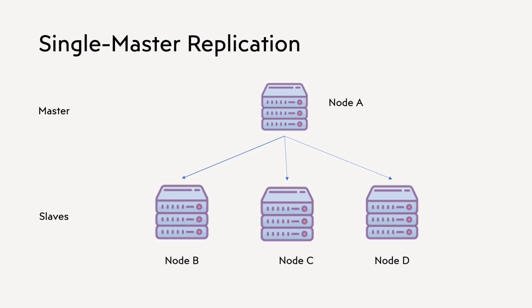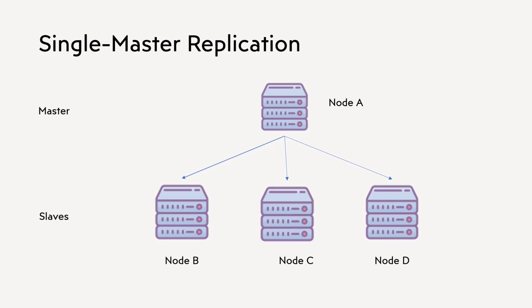The other three nodes, B, C, and D, are slave nodes which get the updates from node A, and they are used just for read-only requests. Whenever requests come for write, they go to the master node, node A, and it does the updates. But read requests can also go to node B, C, and D.